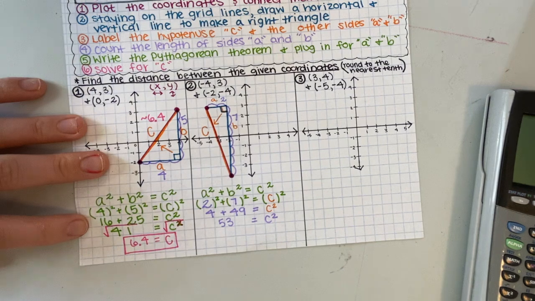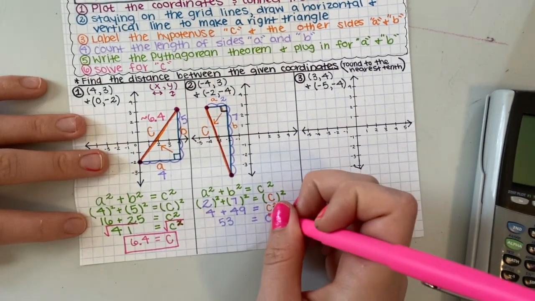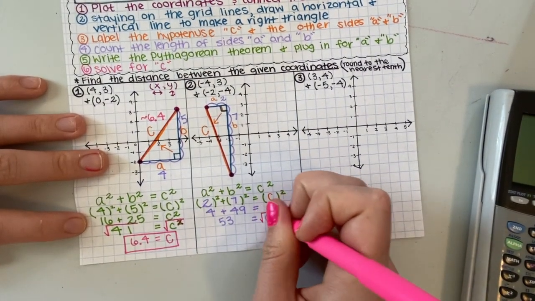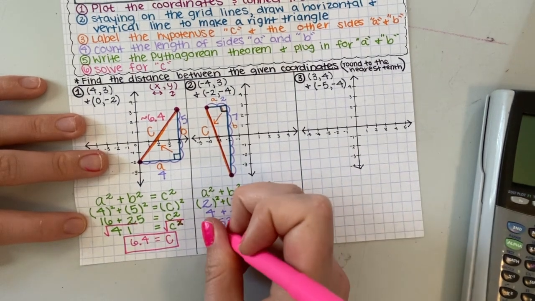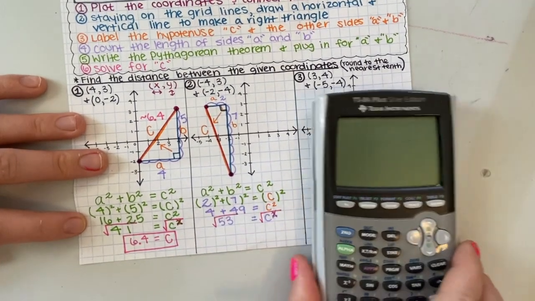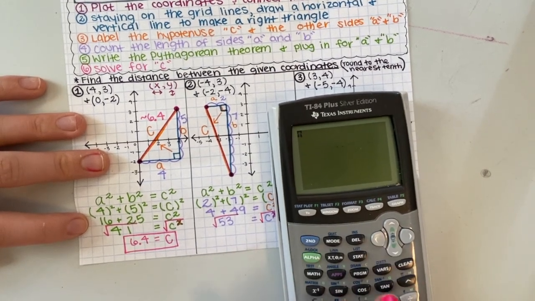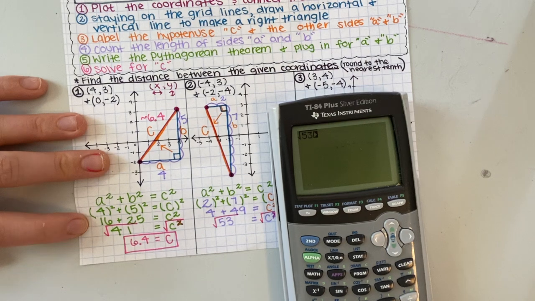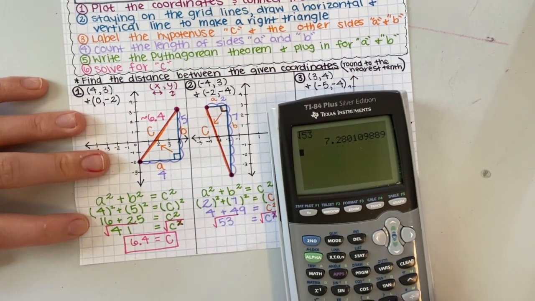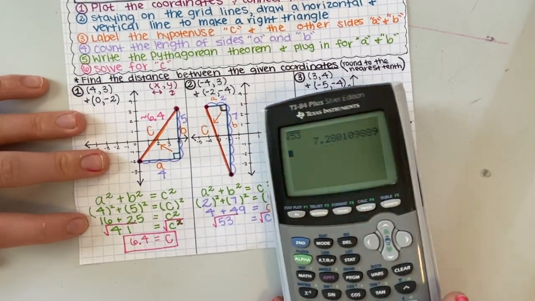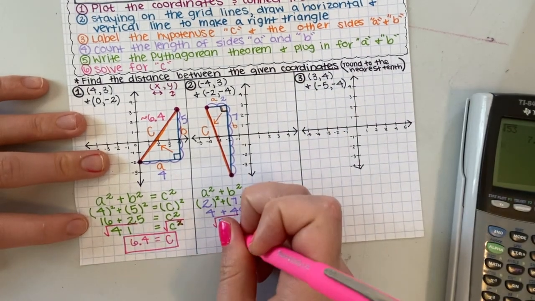And then my last step, because right now we have C squared, we don't want C squared, we want C by itself. So I take the square root of both sides. 53 is not a perfect square, so we're going to have an irrational number. And so we will round to the nearest tenth and get 7.3.